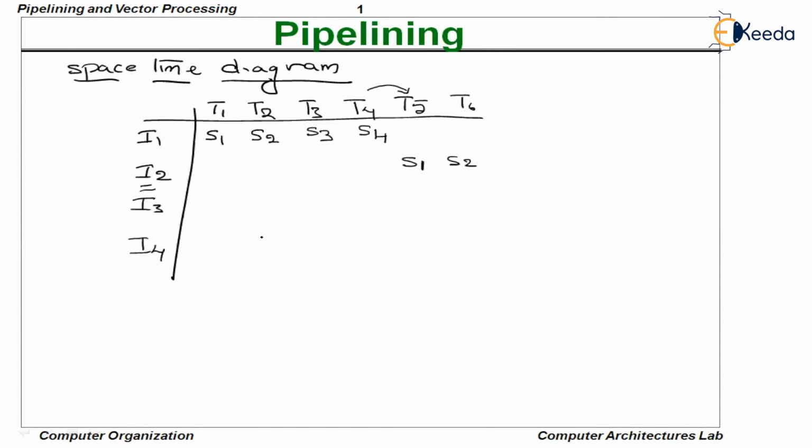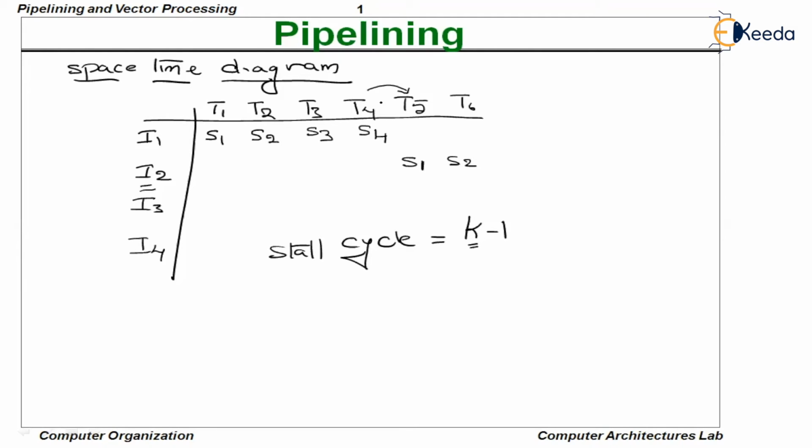So here we use one formula. The stall cycle can be calculated by using a formula called K minus 1. What is K? K is the segment number till which the next instruction has to wait. Here the next instruction has to wait till the previous instruction finishes the fourth segment, right? I'm talking about finishing, not entering.